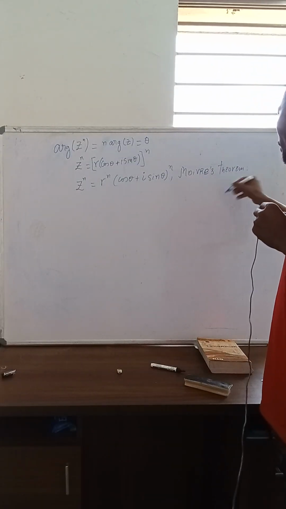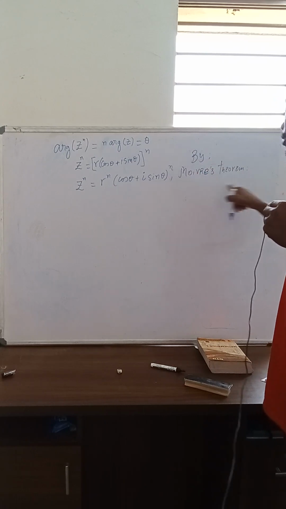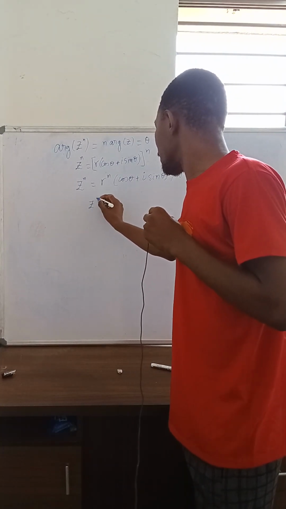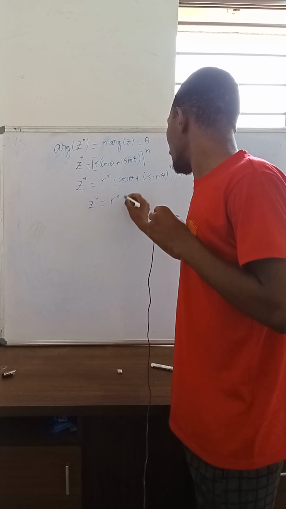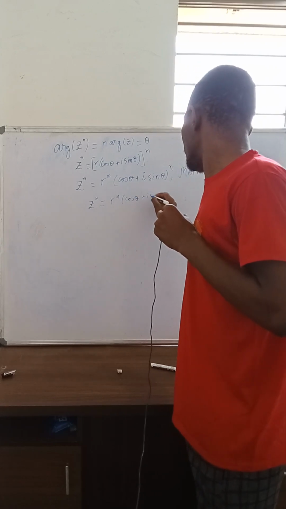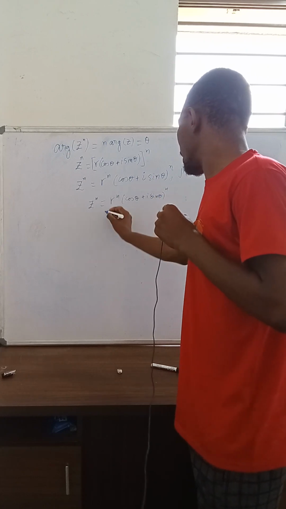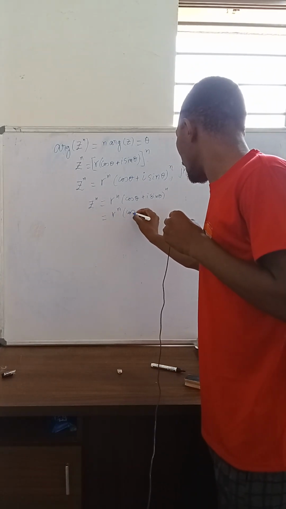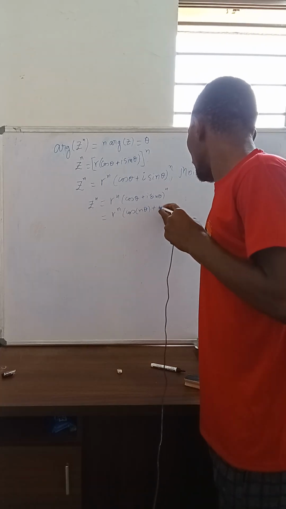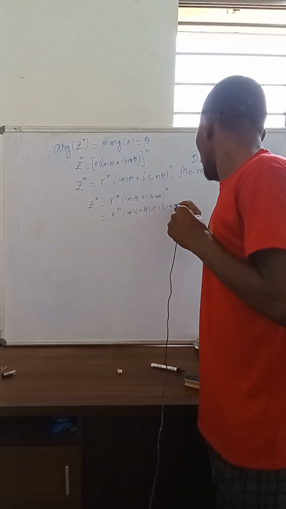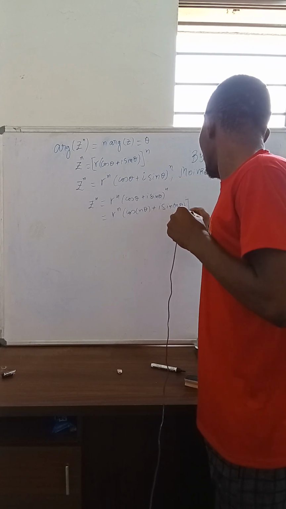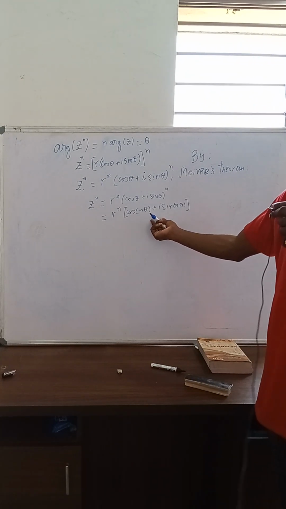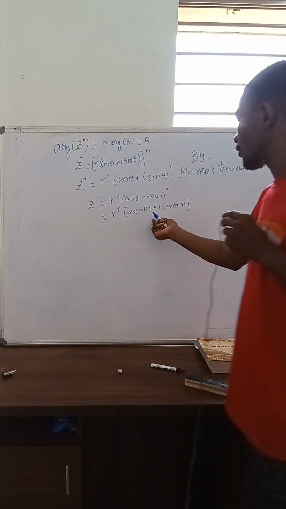By Moivre's theorem, we know that whenever we have z raised to n, that is r raised to n times cos theta plus i sin theta raised to n, this is the same as r raised to n, and here cos of n theta plus i sin of n theta. Okay, we know this by Moivre's theorem.